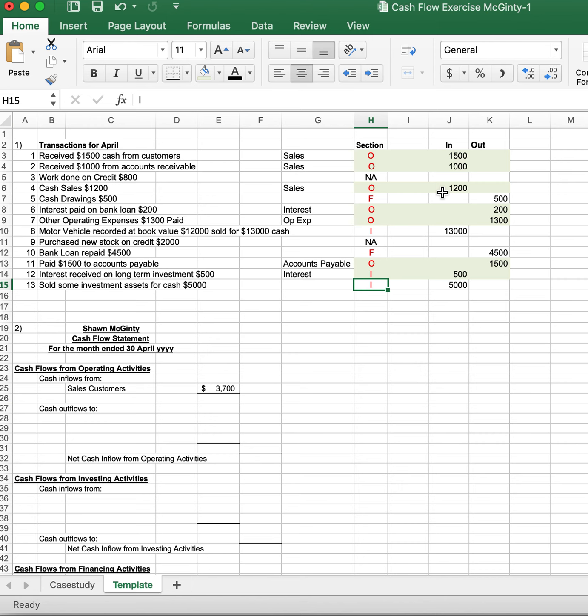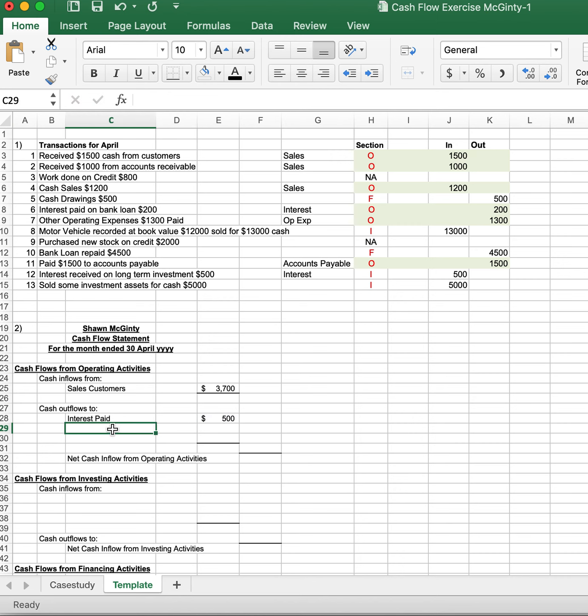Sales. Then, okay, cash goes out. Cash going out is interest paid, $500.